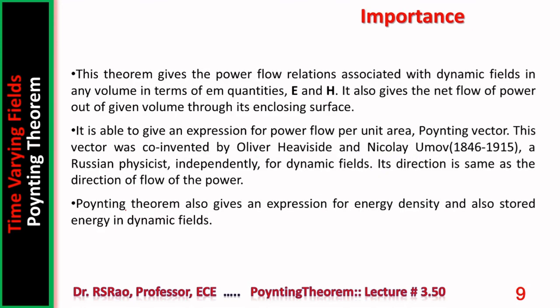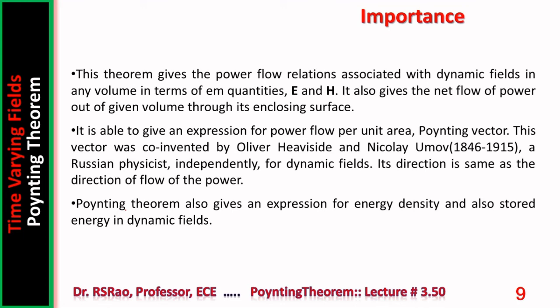In general, this theorem gives the power flow relations associated with dynamic fields in any volume in terms of EM quantities E and H. It also gives the net flow of power out of a given volume through its enclosing surface.